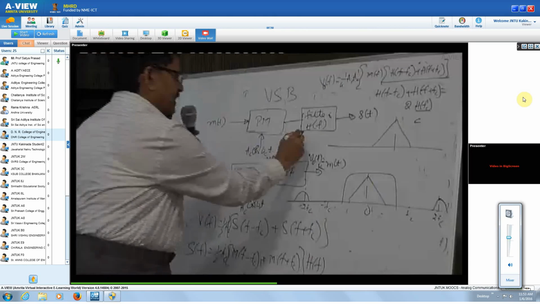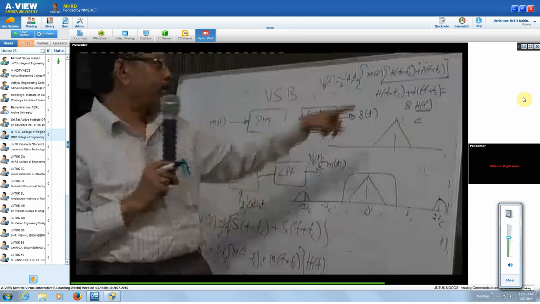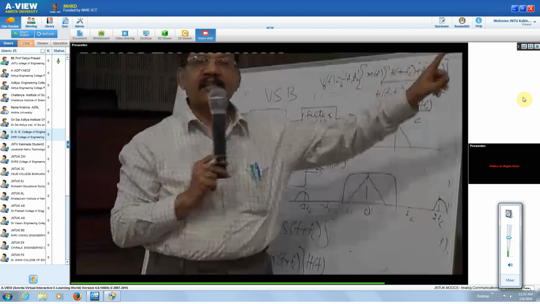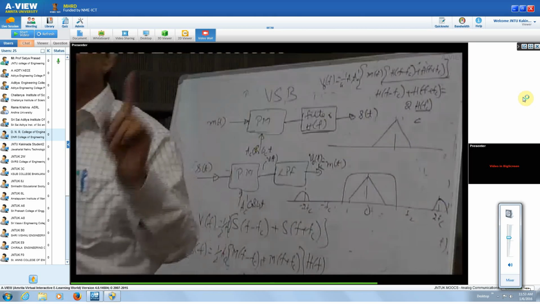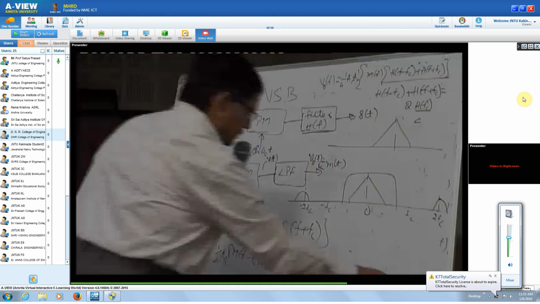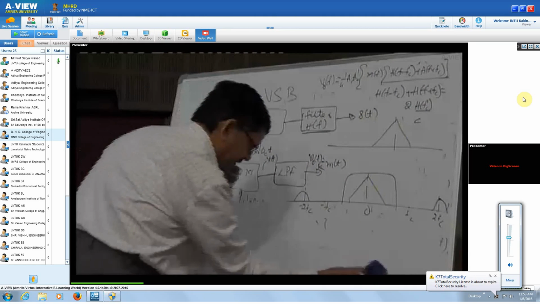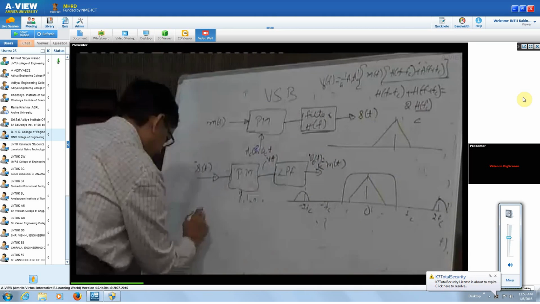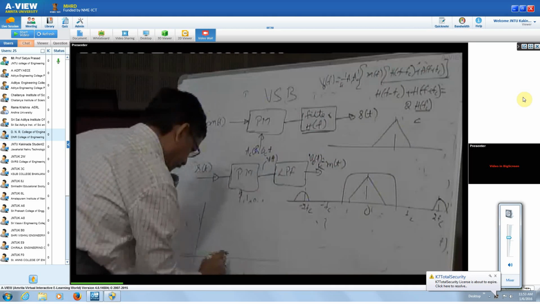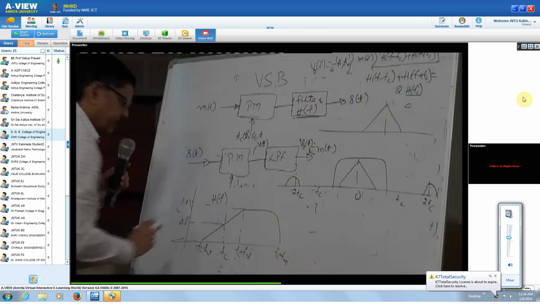That means your filter characteristics should be such that H of f minus Fc plus H of f plus Fc should be equal to a constant. So typical characteristics of this, and this is 1.